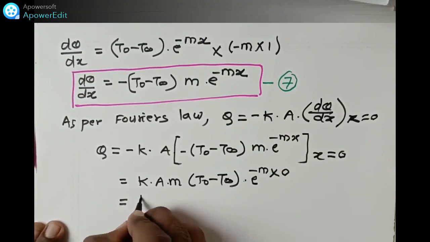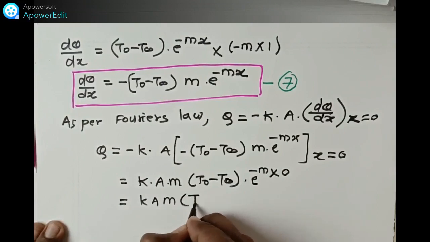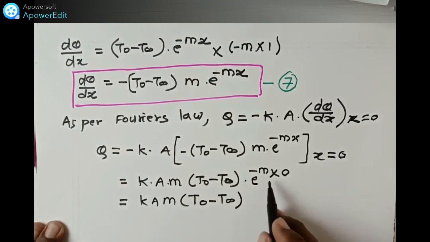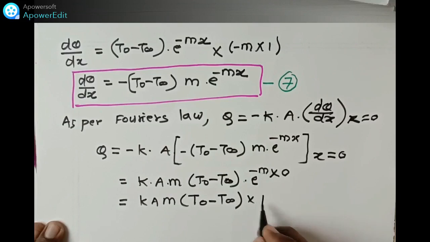So further, K into A into M, T0 minus T infinity, e raised to minus M into 0 means 0, e raised to 0 means 1.